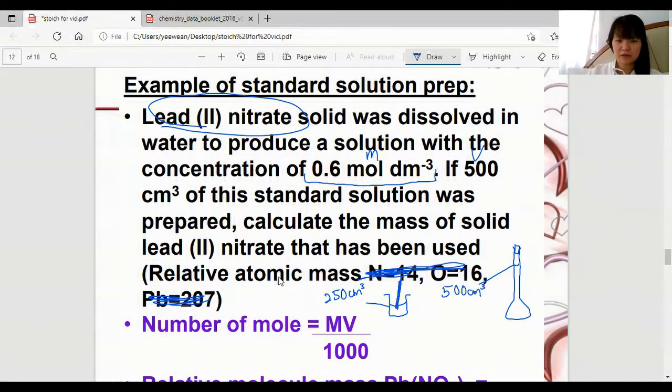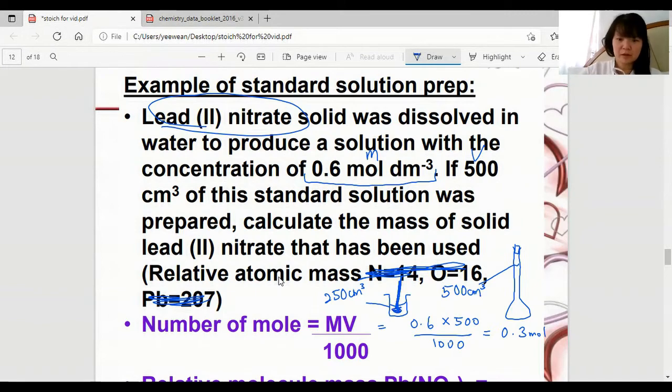MV per 1000, 0.6 times 500 per 1000, we'll get 0.3 moles.